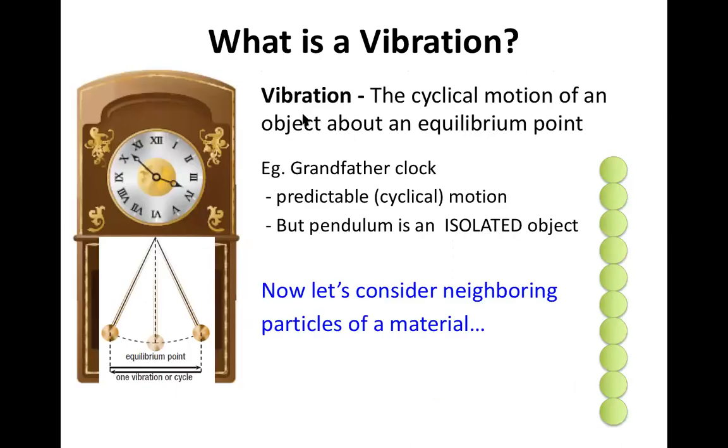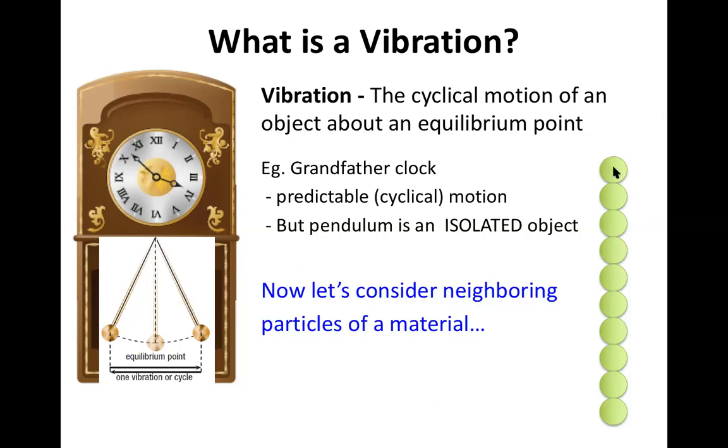Just a reminder that a vibration is cyclical motion of an object about an equilibrium point. But what happens if that object that is vibrating is connected to its neighbor? Really all matter, if you go down to the particle, whether you're talking about an atom or a molecule, is connected to neighboring atoms or molecules because of intermolecular forces.